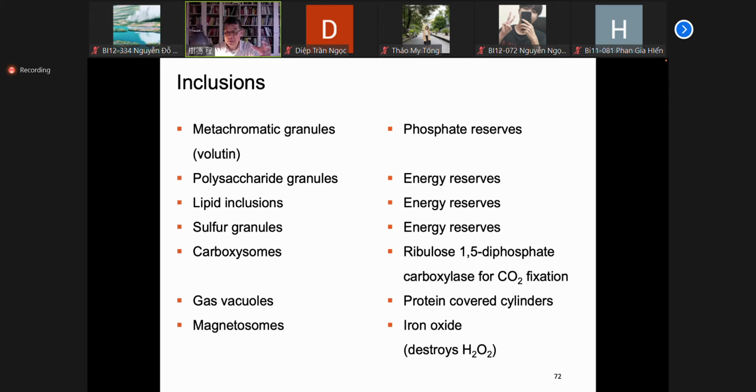So if it wants to go up or go down, it can follow the magnetic field, because as we understand, the magnetic line on Earth is pointing down. So these are the currently discovered inclusion bodies inside the cell, important.